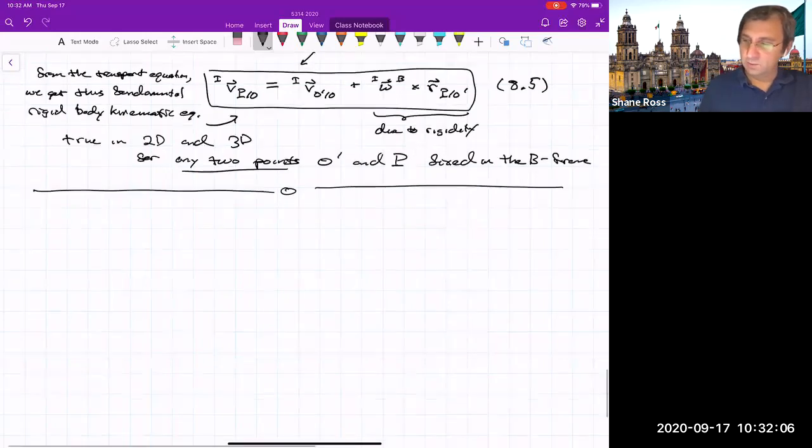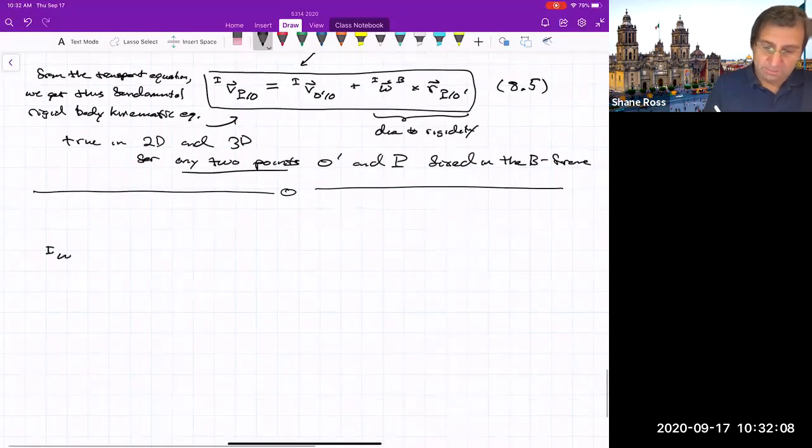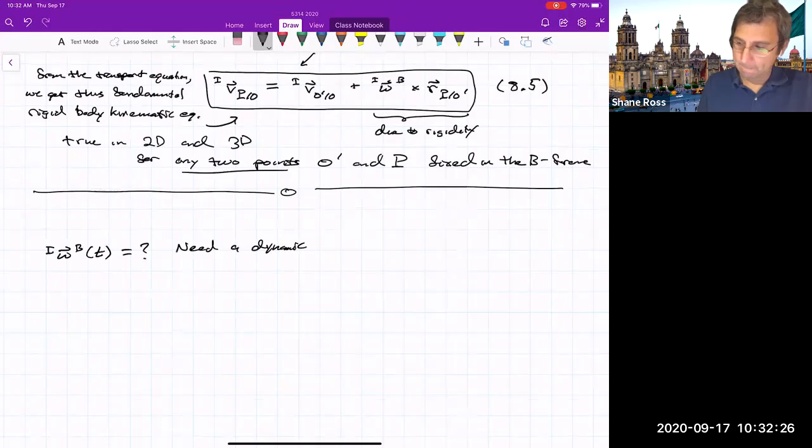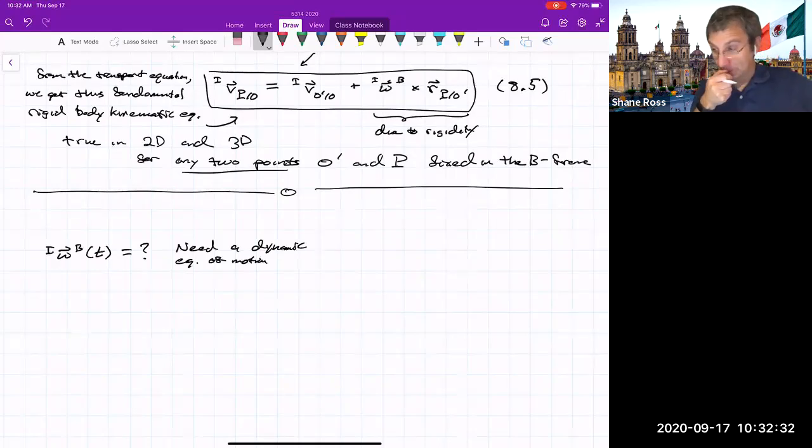So we're going to have to know how this changes with time. So the angular velocity of the B frame with respect to the inertial frame, how does it change in time? We will need a dynamic equation of motion.